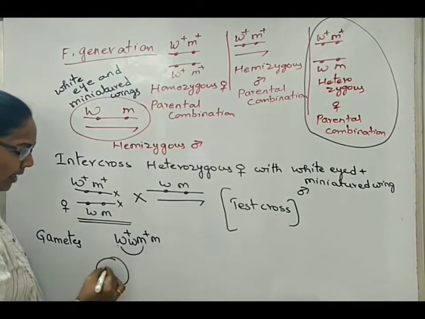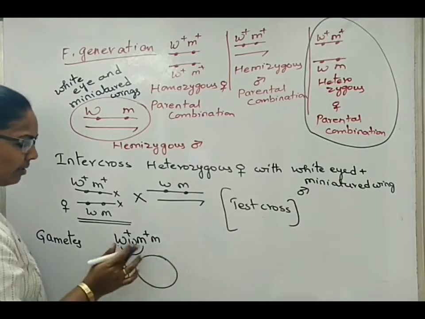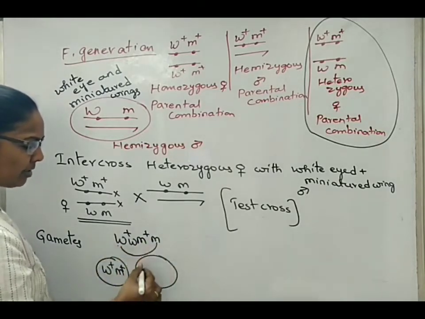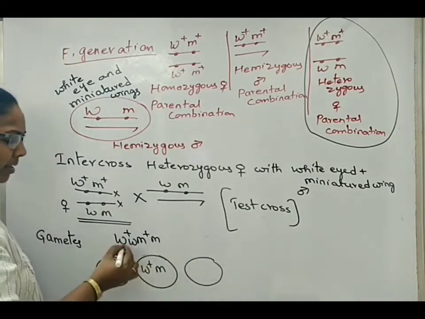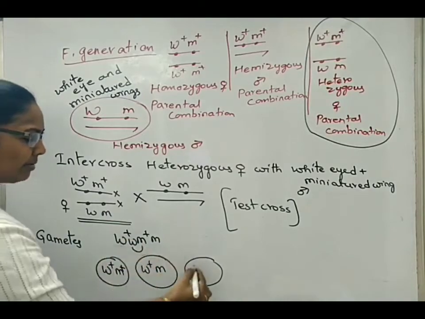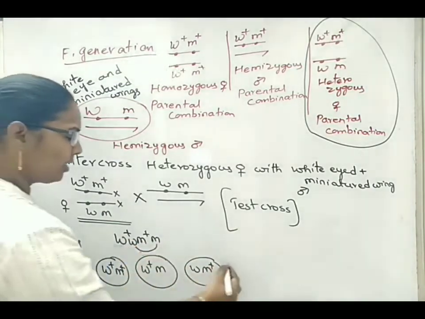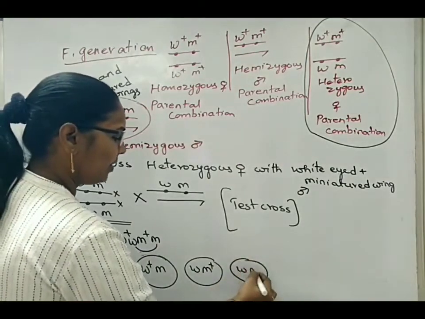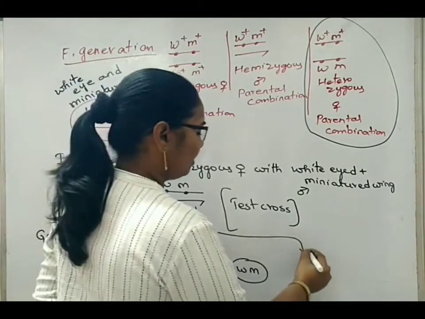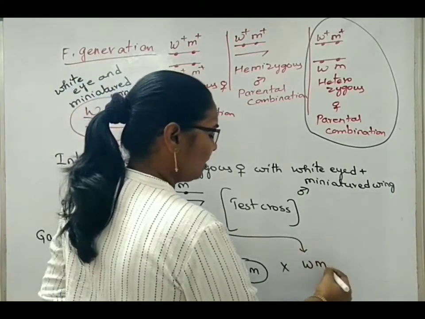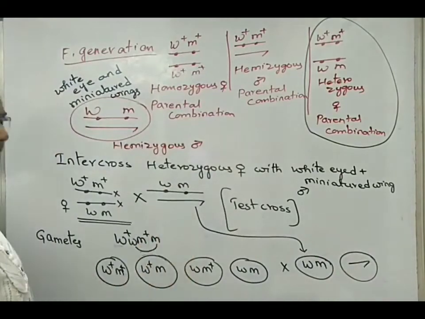So one gamete can have both dominant alleles, another one dominant allele plus recessive one, another gamete recessive allele with a dominant one, another type of combination of alleles, that is recessive one with a recessive miniature wing allele. Now, the gametes from male can be of only one type, that is a recessive one and also the Y chromosome. This will be the allele distribution.